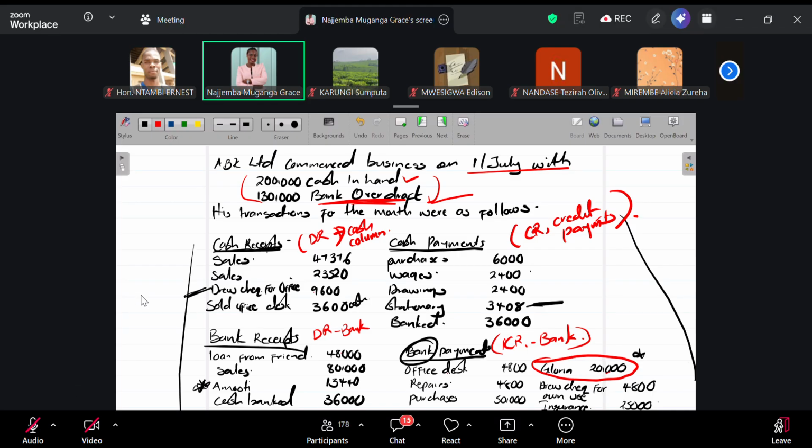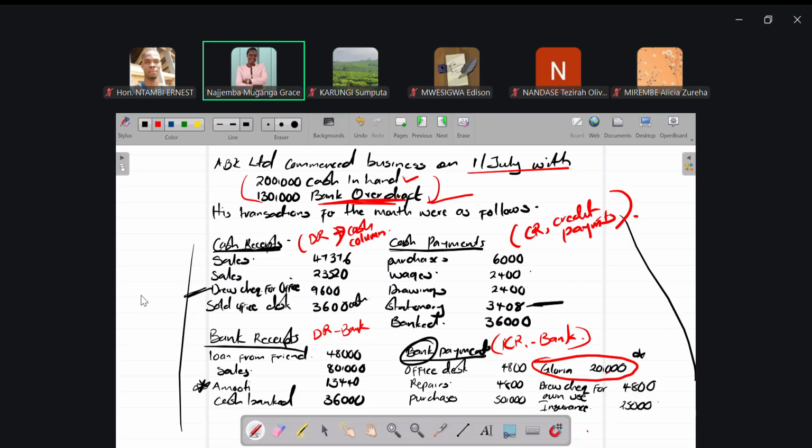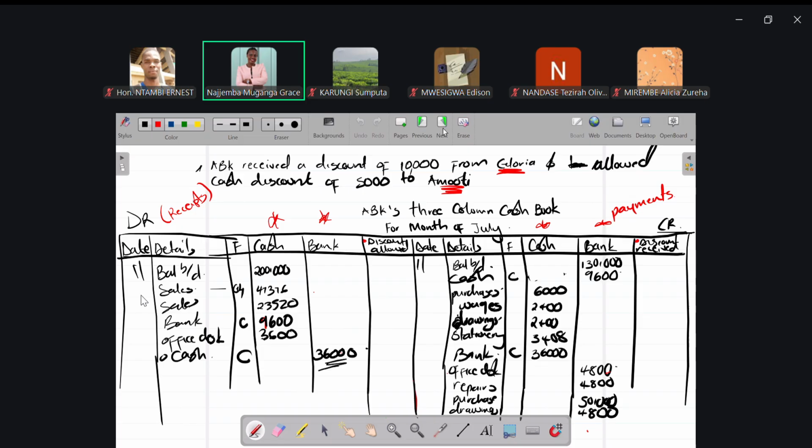Bank payments indicate the actual amount that you paid. Then you can compute the discount for yourself. Which of the two is a discount allowed and which one is a discount received?